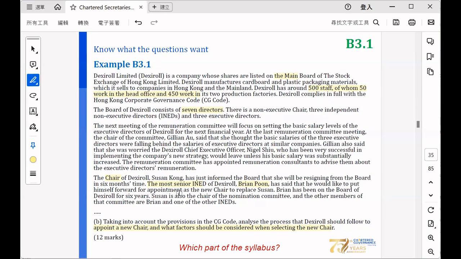So what's the time commitment? You think about the candidate's other time commitments as well. So that's quite a lot to discuss for this type of question. Because it's appointment, you can discuss a lot of other things related to the appointment.